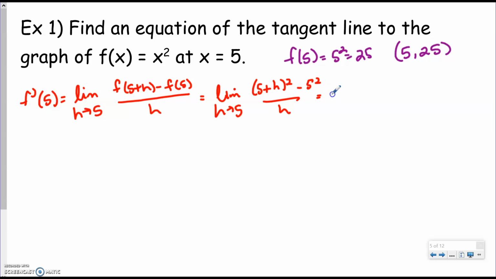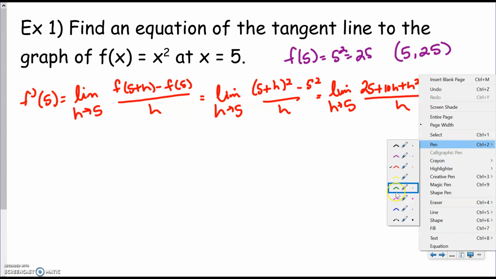And using some algebra here, when I multiply this out, and if you need to write it off to the side, you can, 5 plus h times 5 plus h is 25 plus 10h plus h squared, and then 5 squared is 25, over h.